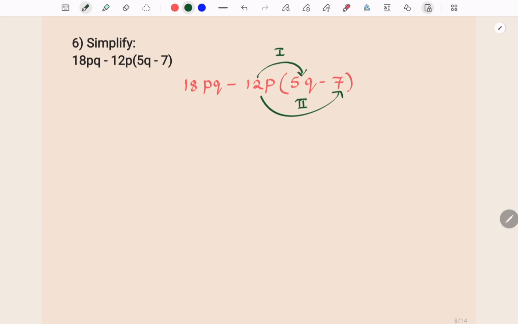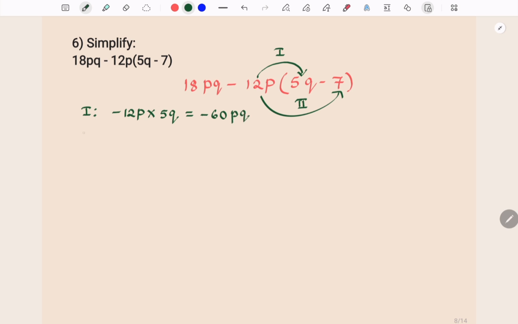Now for the first multiplication, I will multiply minus 12p with 5q. Minus 12p times 5q is minus 60pq.